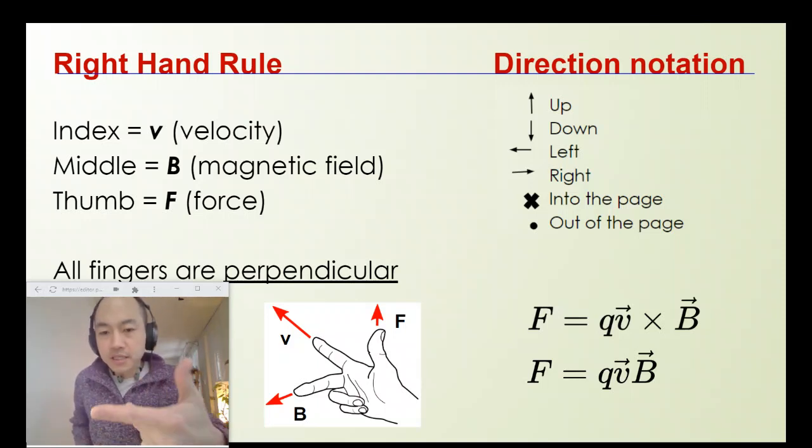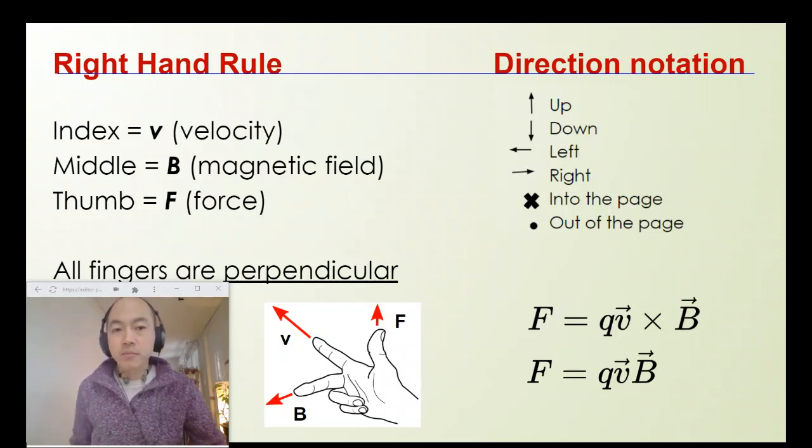Because we're now thinking in 3 dimensions, and it's harder to do that on paper, we're going to use the following notation. We use arrows to indicate up, down, left, and right, and to show that a field goes into the page or out of the page, we use the following signs.